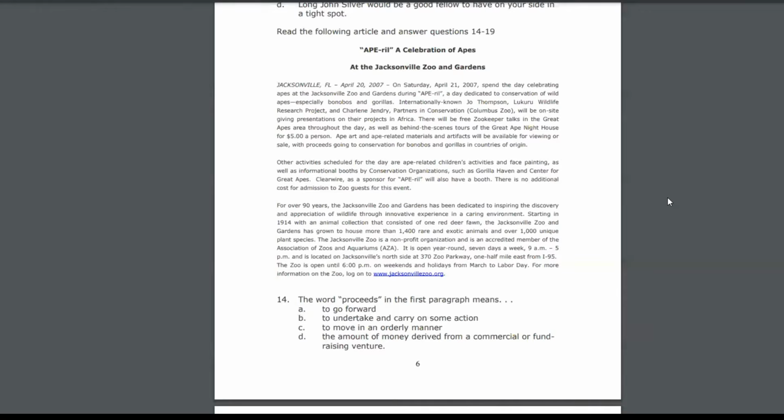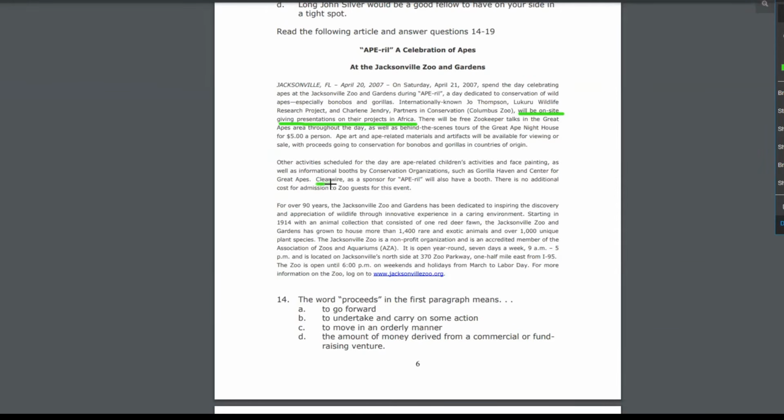All right, presentations by internationally known. So they talked about these people here, internationally known Joe Thompson, all of that stuff. They will be on site giving presentations. All right, but nowhere did it say that we actually had to pay for that. And then it also says admission to the Clearwire booths. Where is that?